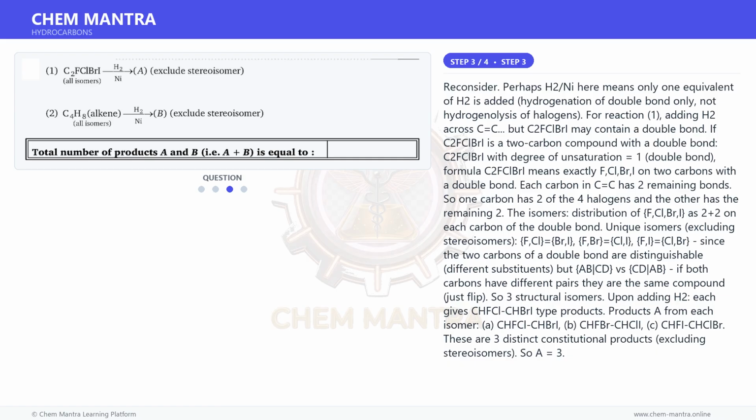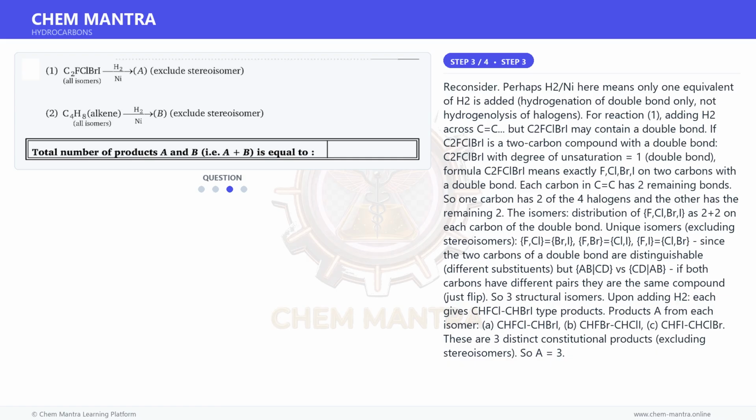Unique isomers, excluding stereoisomers: FCl=BrI, FBr=ClI, FI=ClBr. Since the 2 carbons of a double bond with swapped pairs give the same compound, just flip, there are 3 structural isomers.